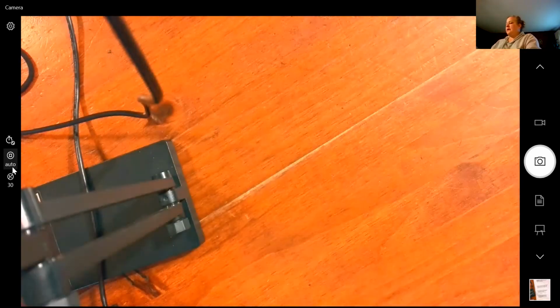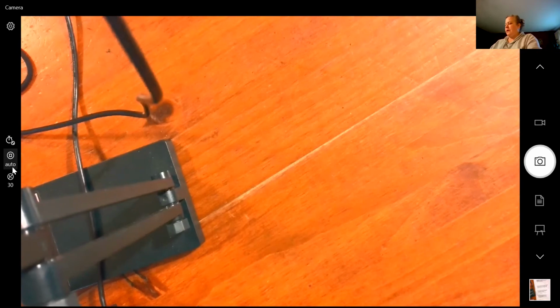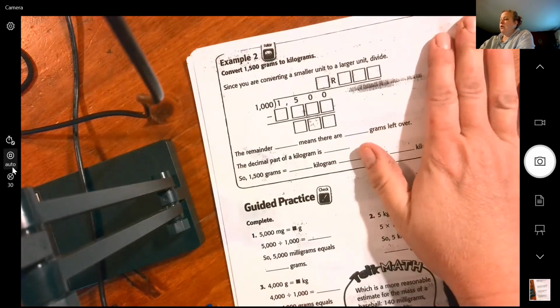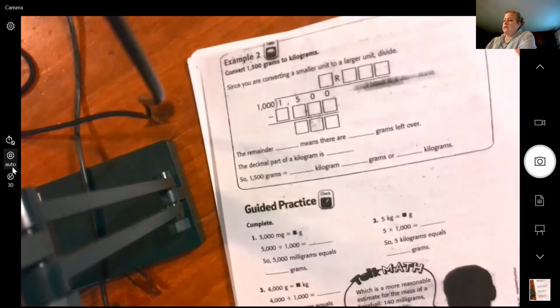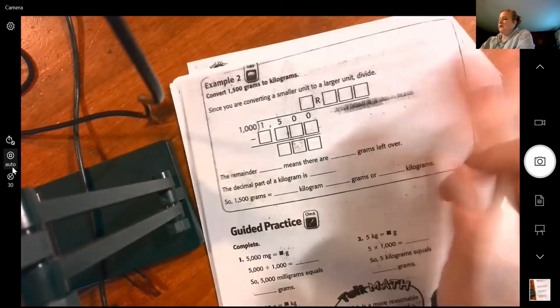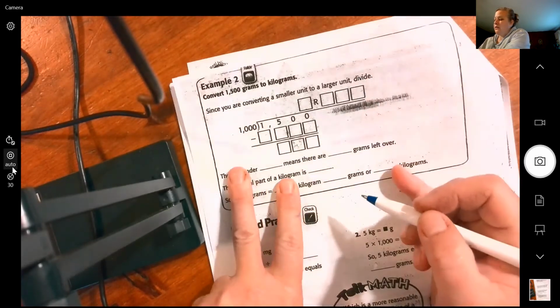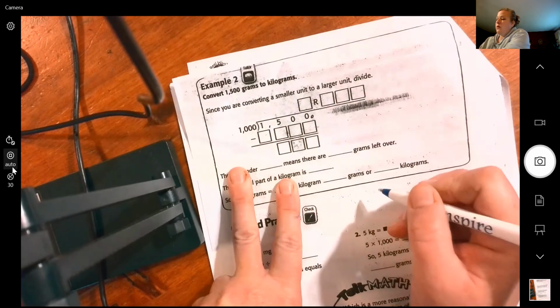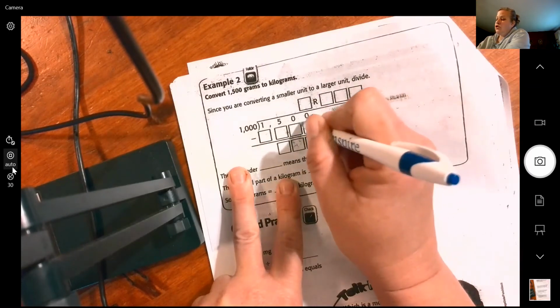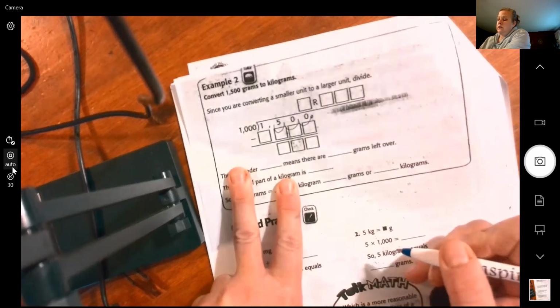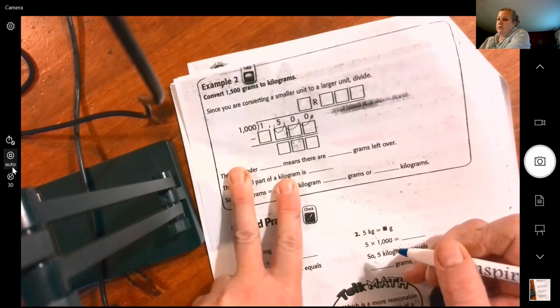All right, we're going to continue with our guided practice, and then you will have your practice problems for today. When you're converting from a smaller unit to a larger unit, you're going to divide. We already know this, big to small, small to big. So if we divide by 1,000, remember we put our decimal behind, and we're going to shift it to the left.